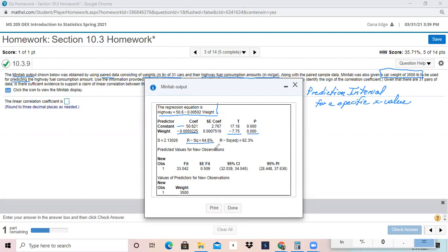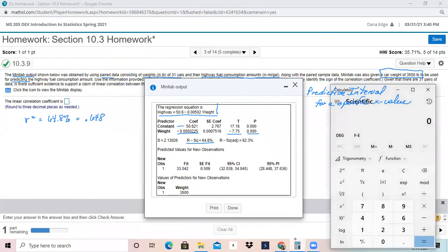We're given R squared, and we're given R squared as a percent. So R squared is 64.8%, which would be the same thing as 0.648. If we'll just pull up our calculator, 0.648, and get the square root of that.